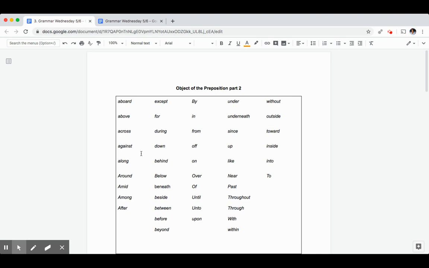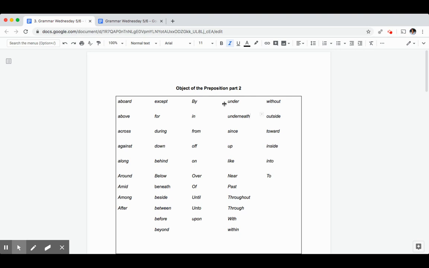Prepositions are words that relate a noun or pronoun in the sentence to some other word in the sentence. So we've been doing lots of work with prepositions in the past couple of weeks when we were at school. And this table lists a lot of different possibilities of prepositions. Prepositions are not limited to what is in this table, but these are some of the common prepositions.